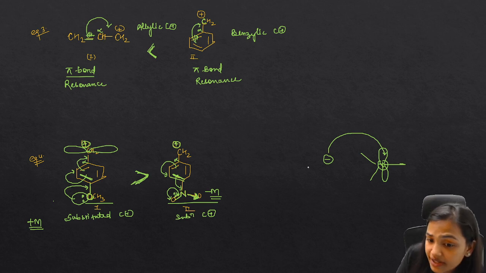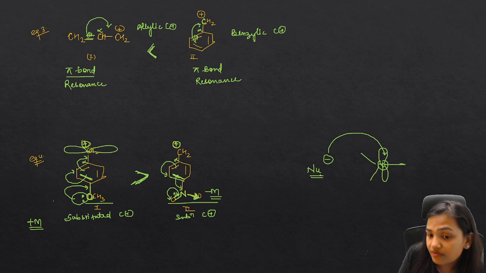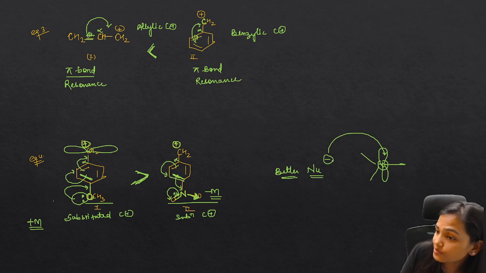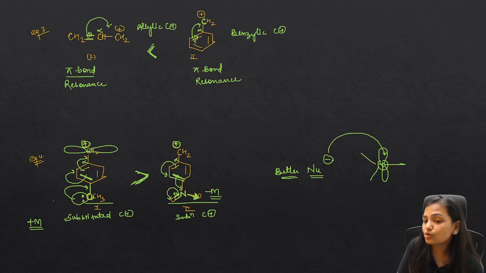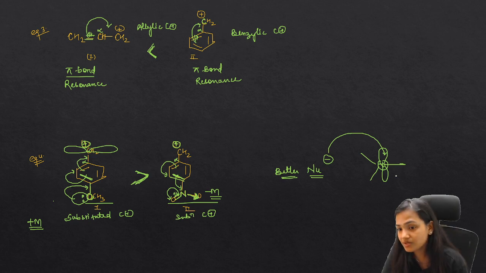So we need a better nucleophile to do the stabilization. If it is deficient, this has to be richer. Neutrality is the key. If this wants electrons, you please give the electron, so it will attain stability.